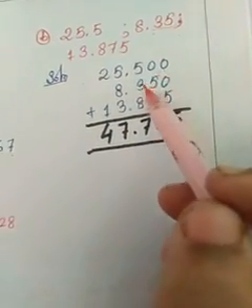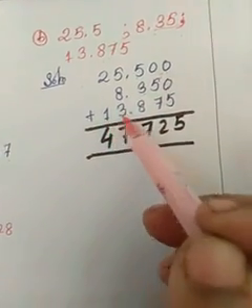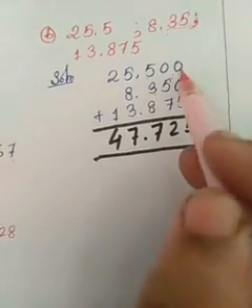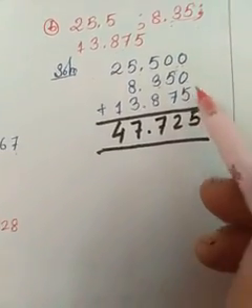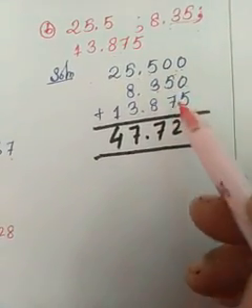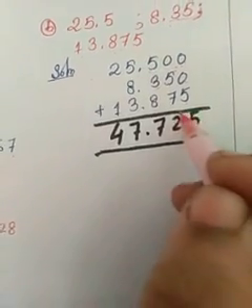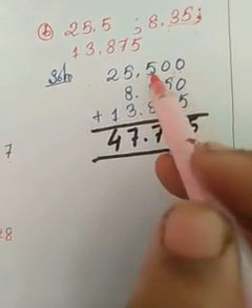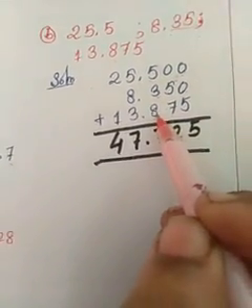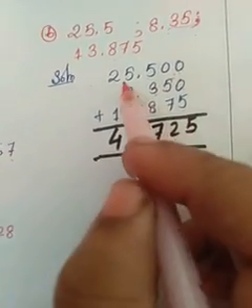Okay. Now 8.350 should be added here, then 13.875. So now we can add it. 0 plus 0 is 0, 0 plus 5 is 5, and 5 plus 0 is 5, plus 7 is 12. So 2 will be here, 1 will carry. Then 5 plus 3 is 8, 8 plus 8 is 16, 16 plus 1 is 17. 7 will be here, 1 will be carried forward.